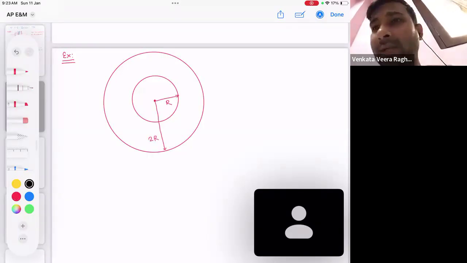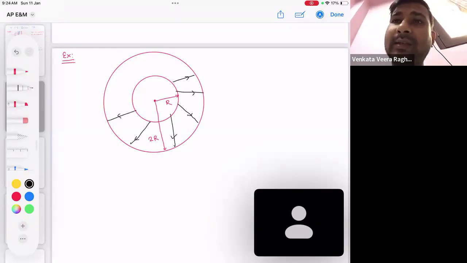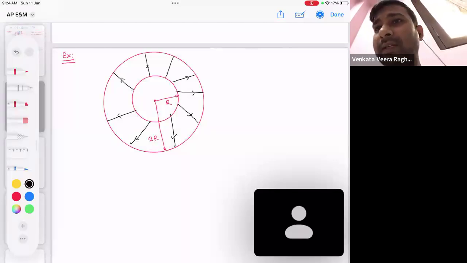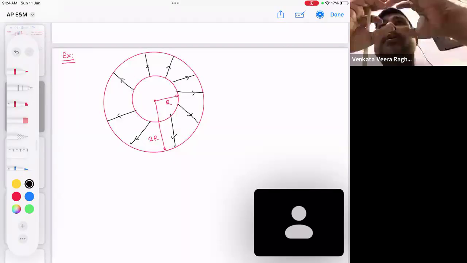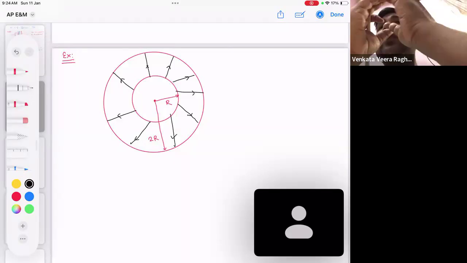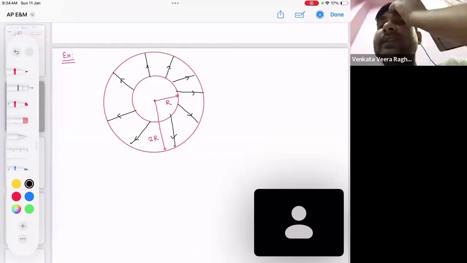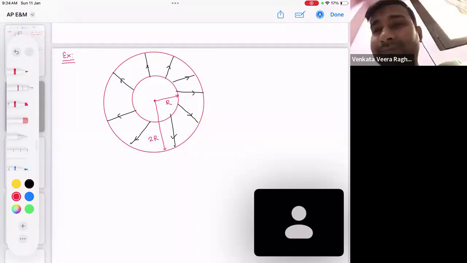Here the current is flowing like this. Understood? We have connected a battery in such a way that the inner conductor is at high potential and the outer conductor is at low potential. So how will the current flow? Current will flow radially in the sphere.